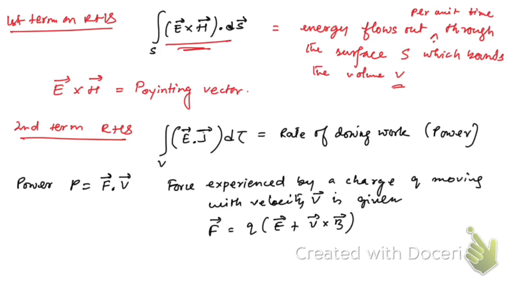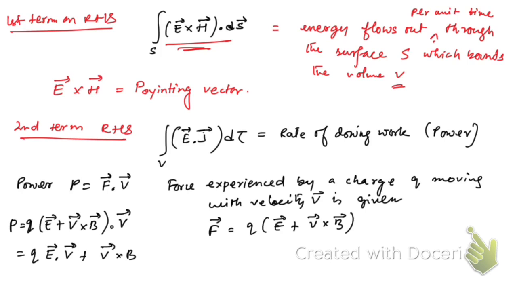So the power P can be written as q into E plus V cross B, dot V, which can also be written as E dot V plus V cross B dot V. According to a vector identity, since these are the same vectors, this must be equal to 0.